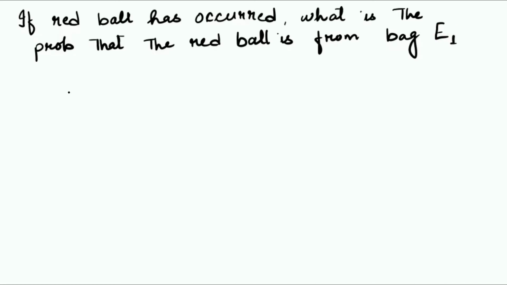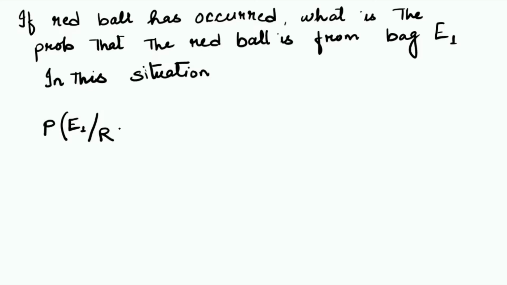Okay, so this is what we need to find. So in this situation, what do we do? Probability of E1, you read it like this: probability that a red ball has occurred, but it is from bag E1. So this is what we need to find, right?